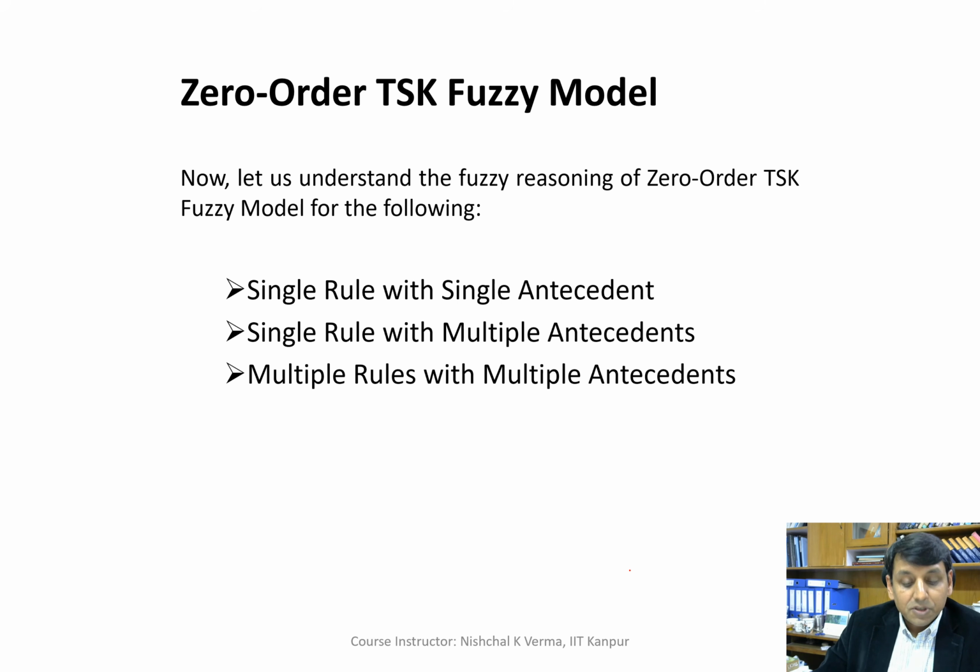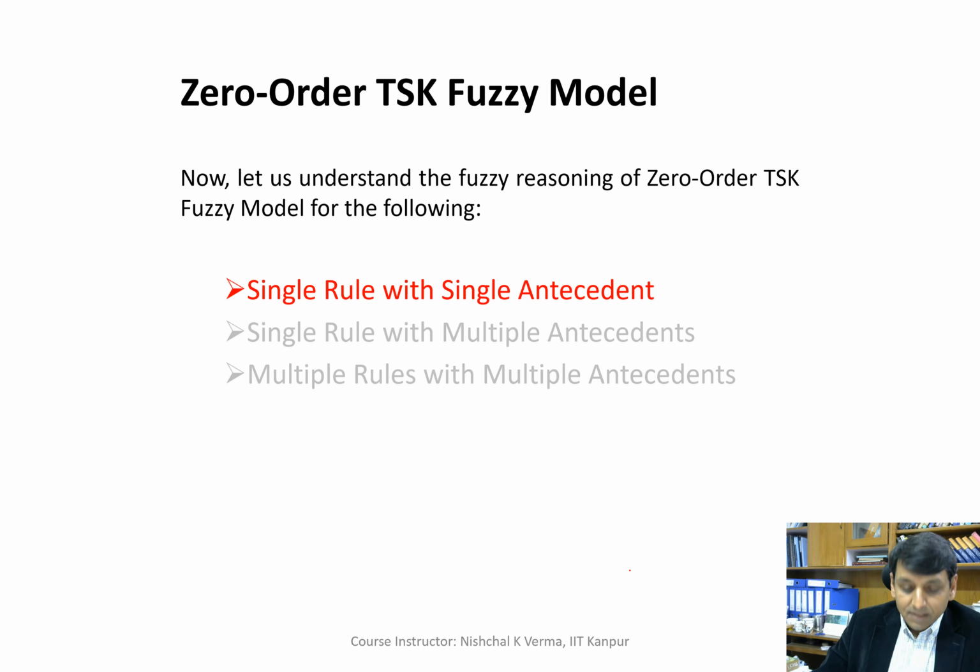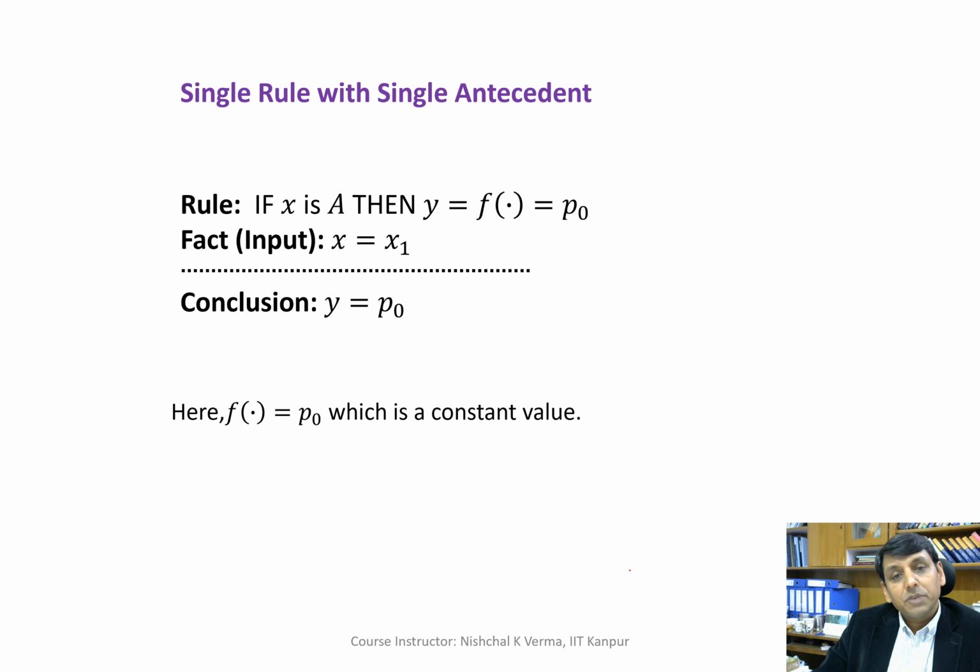So we have the first case, the single rule with single antecedent type of TSK fuzzy model, and let us first understand how we are going to get the output computed if we have a TSK fuzzy model with a single rule with a single antecedent.